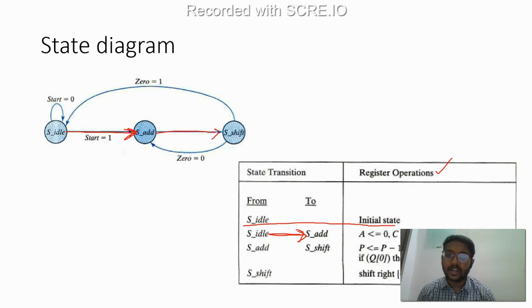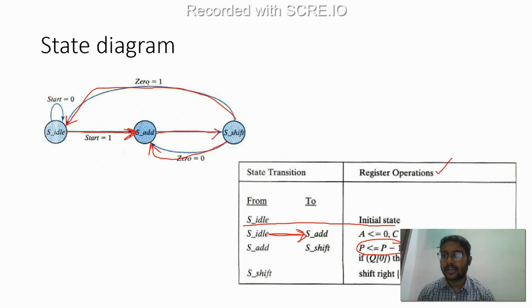Upon every addition and shift you need to decrement the counter value and check if the counter is 0 or not, right? If the counter is 0, you need to go to the idle state. If the counter is not 0, you need to come back to the addition state.